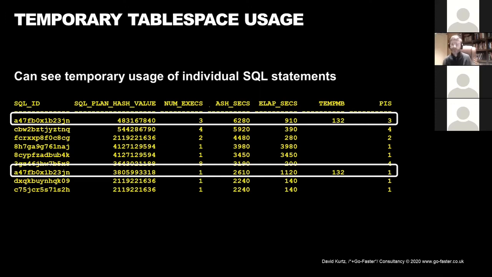That's again coming out of the application instrumentation in module and action. And we could see at the time, these statements were both gobbling 132 megabytes, and back then, on this database, that was enough to fill the temporary table space. So you get a handle on what goes on with temporary usage.